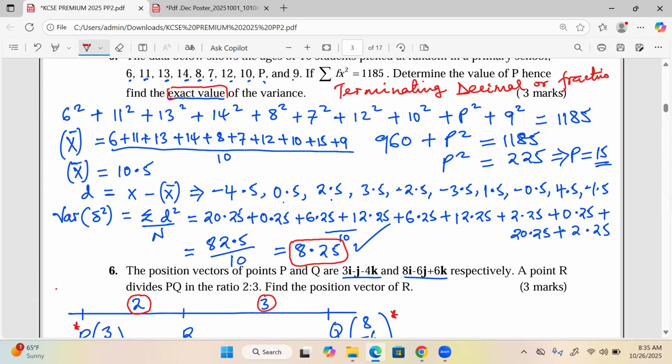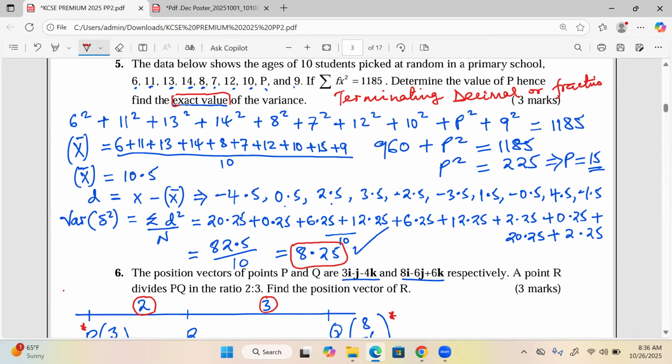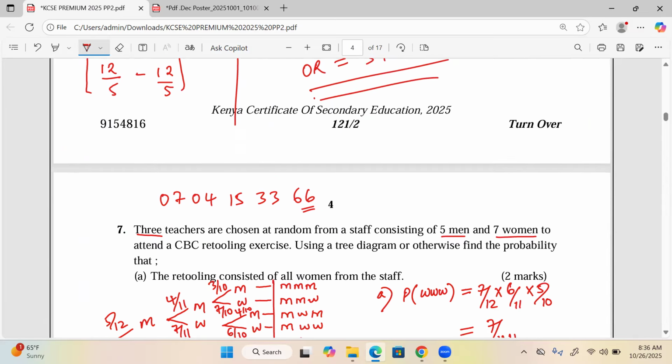So if you don't get a whole number, exact value means a terminating decimal that you don't have to round off. Like the one we have here, 8.25. It was just exactly that way. Or if you find that you have to round it off for you to have it expressed, then please prefer the fraction part of it. That's the meaning of exact. You don't have to round off. Exact means exactly.